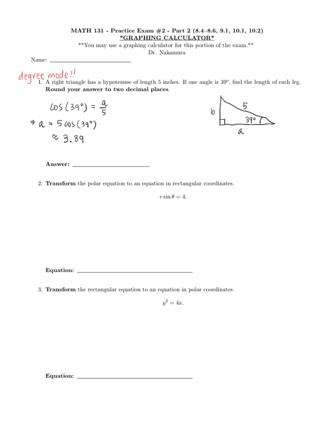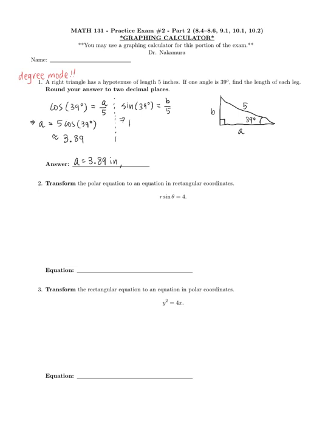So I'm just going to write it as A equals 3.89. What was the unit here? Inches. Now we're going to do the same thing for B. B looks like what? Opposite side over the hypotenuse, so that will be sine of 39 degrees, which is B over 5.